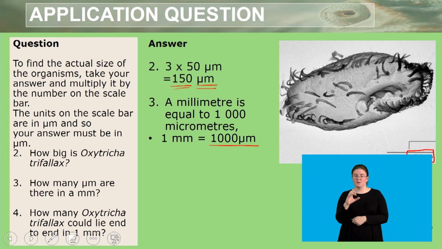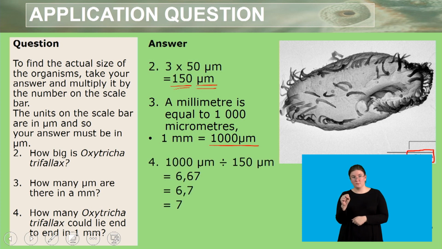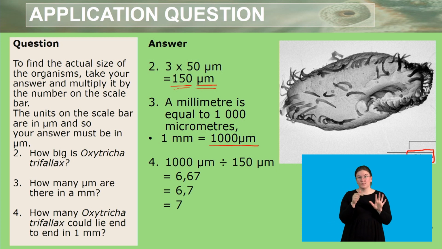So to work out our answer, we say 1,000 micrometers, which is equal to 1 millimeter, divided by 150 micrometers, which will give us 6,67. Then we round that off and get 6,7, and we can't really have 0.7 of an organism, so we will have 7 Oxytricha triphelix lying next to one another.